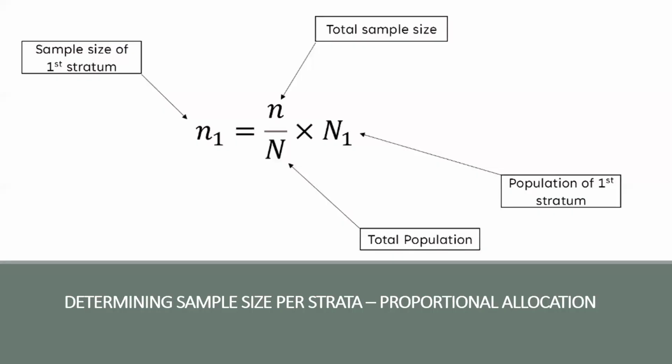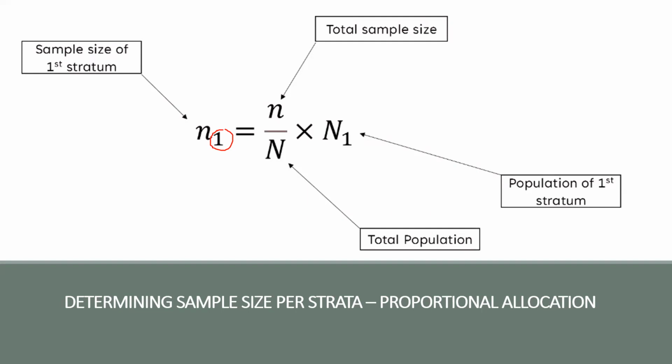So the formula that we utilize for the determination of the sample size per strata or subpopulation, which would depend on the proportional allocation, would be as follows. We have n, small letter n, sub 1. So this number that is subscript would depend on the number of strata or subpopulation that you have.